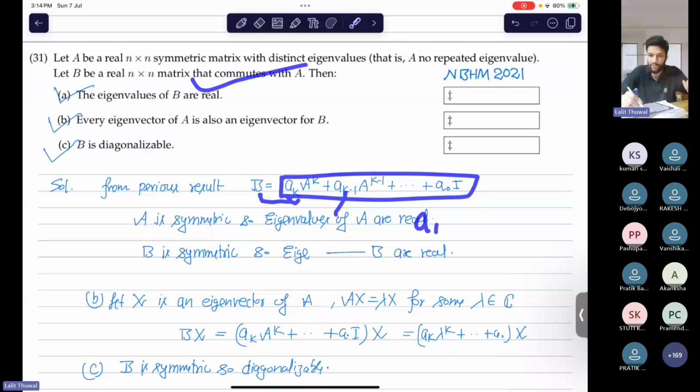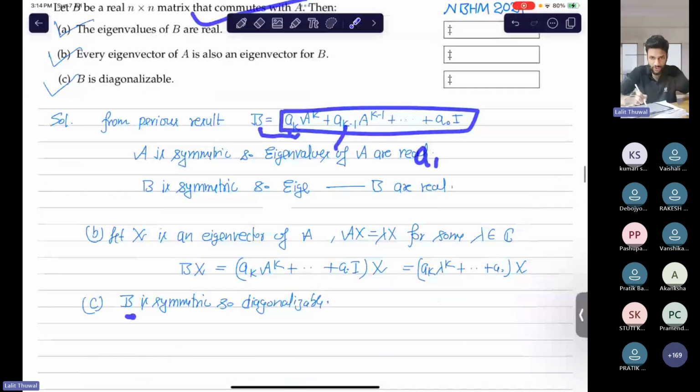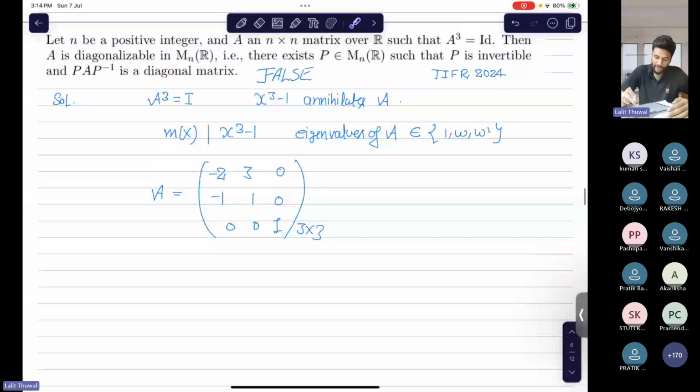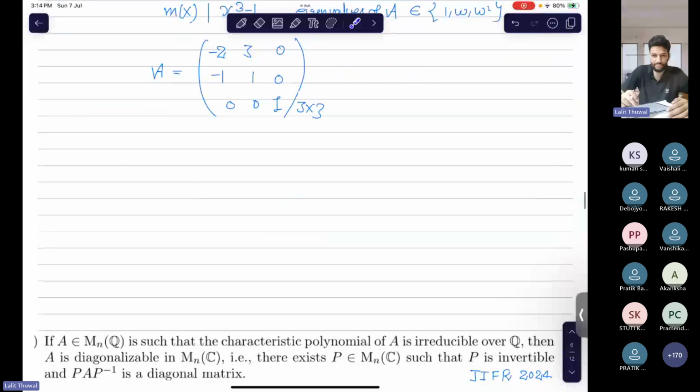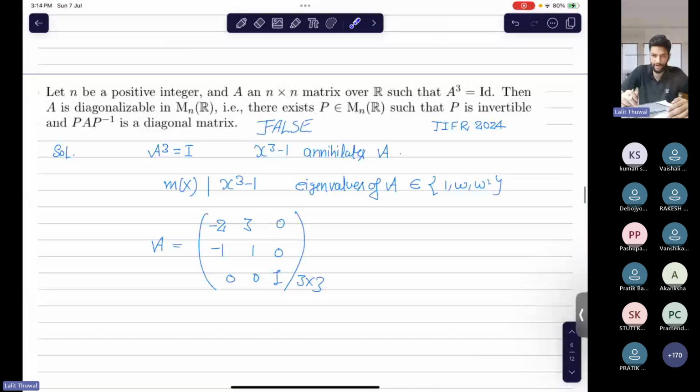What I proved is that if A is a matrix over a field, then B is a polynomial in A with coefficients from the same field. So B is real here also. If it is not real, a non-real symmetric matrix need not be diagonalizable. Because B is real here, it must be diagonalizable. I think it's clear now, right?